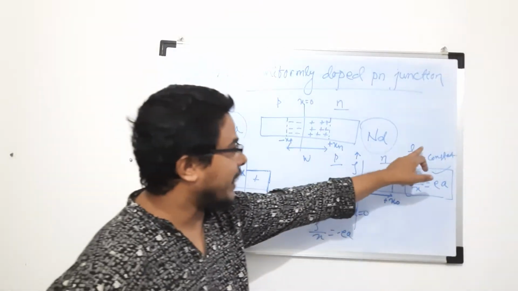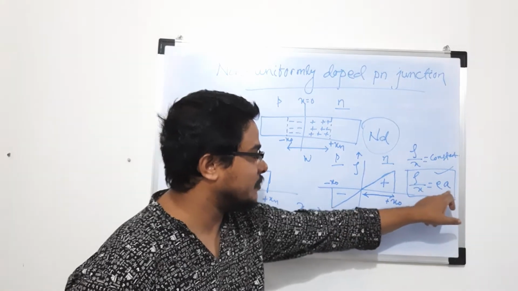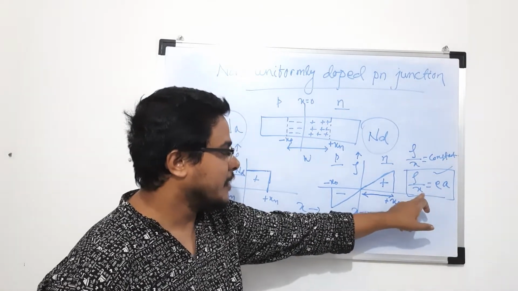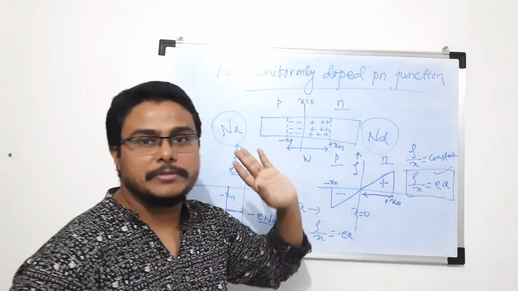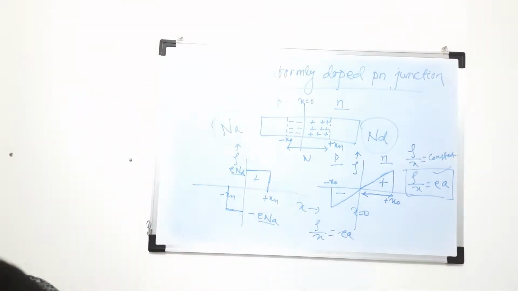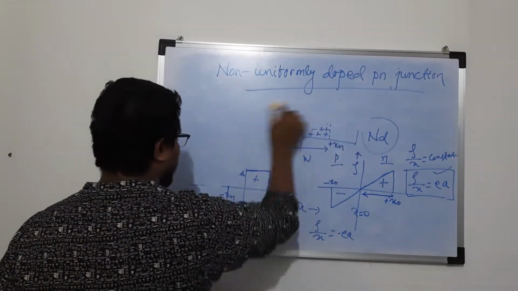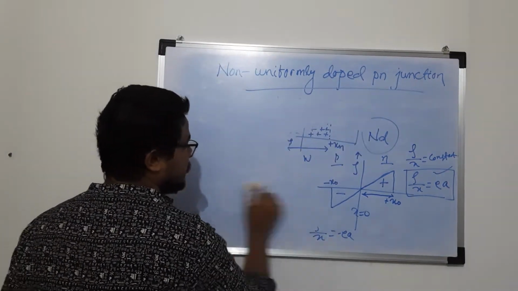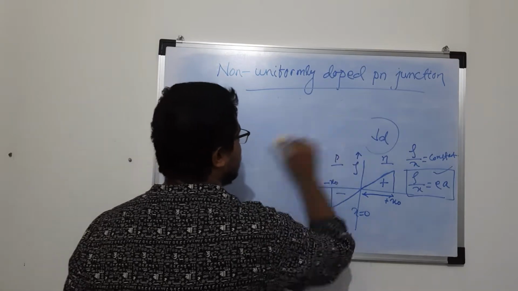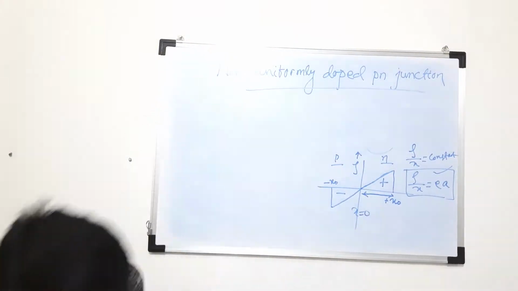So using the value of rho, rho equal to eax, as you can see rho is a function of x, and considering this rho value we will be able to find the electric field. So let us do that. We will start with this rho value, the volume charge density, the charge distribution in the depletion region, which is important for us to determine the value of electric field.